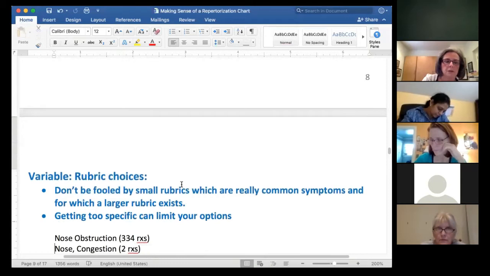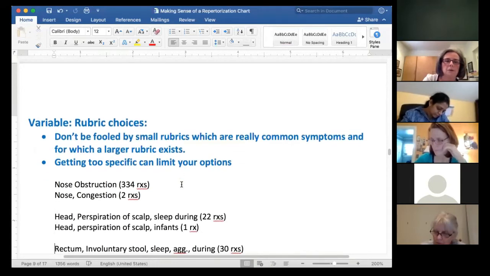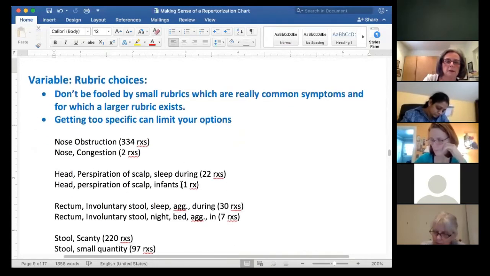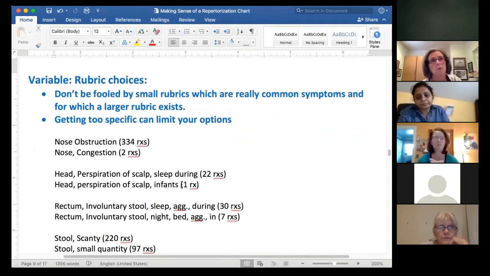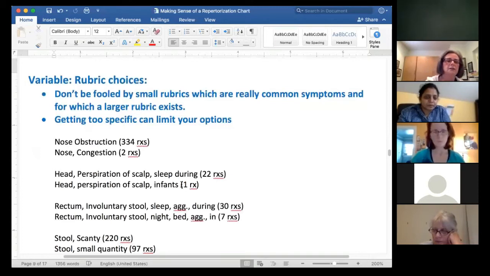Okay, so here's another variable that you want to think about when you're doing a repertorization, and it has to do with rubric choices. So sometimes we come across rubrics that we think are pretty neat. Oh, this really fits. But they're small rubrics, and they're actually for a common symptom. So for instance, let's look at nose obstruction, which has 334 remedies, and nose congestion has 2 remedies.